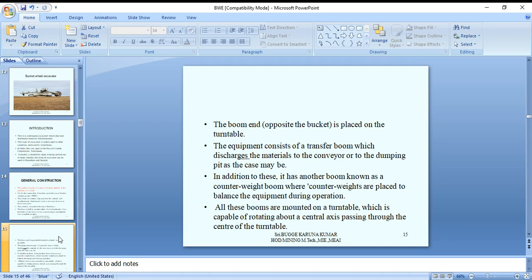All these booms are mounted to a turntable, which is capable of rotating about the central axis passing through the center of the turntable. So this is the basic structure and construction of the complete bucket wheel excavator.